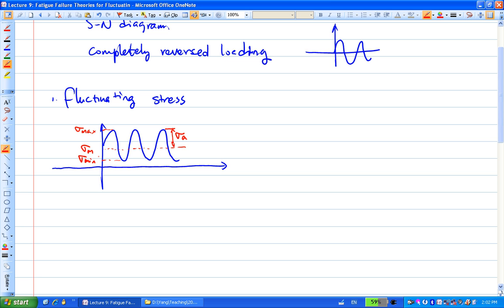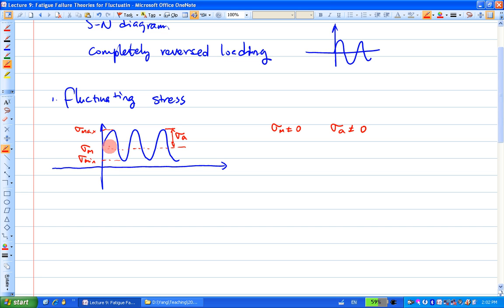So this kind of curve is called fluctuating stress. Essentially, your sigma m is not 0, and sigma A is not 0. That's fluctuating. And of course, fluctuating stress is essentially a more general case.